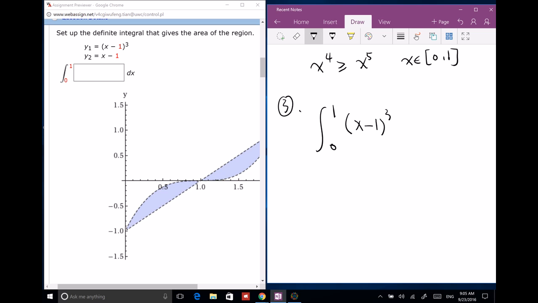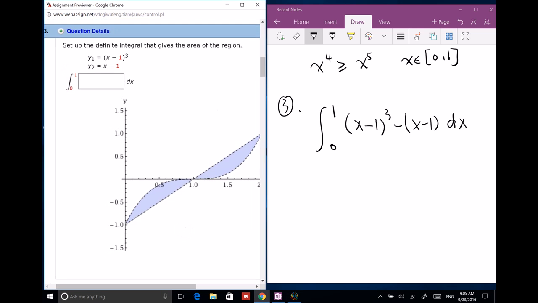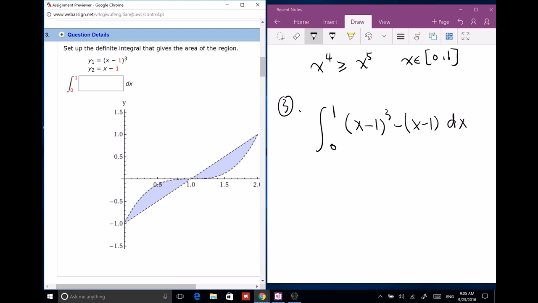It's x minus 1 cubed, and the line is x minus 1, right? dx. And then we add that to the integral of the top curve minus the bottom curve. That's the line minus the (x minus 1) cubed from 1 to 2.